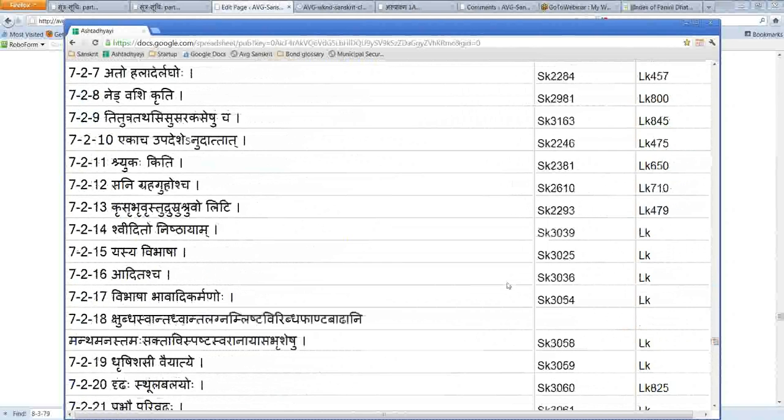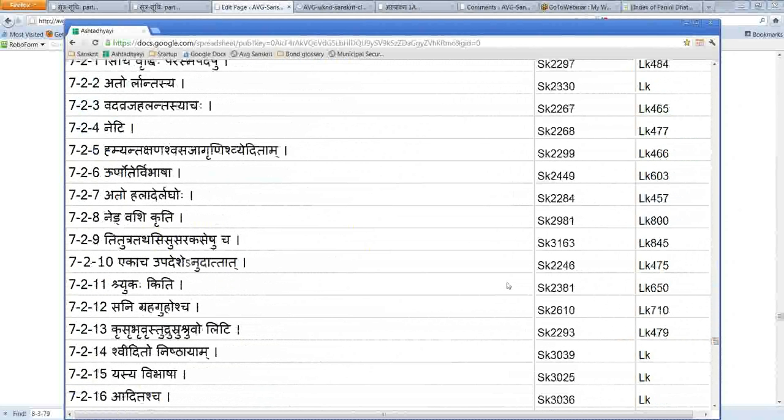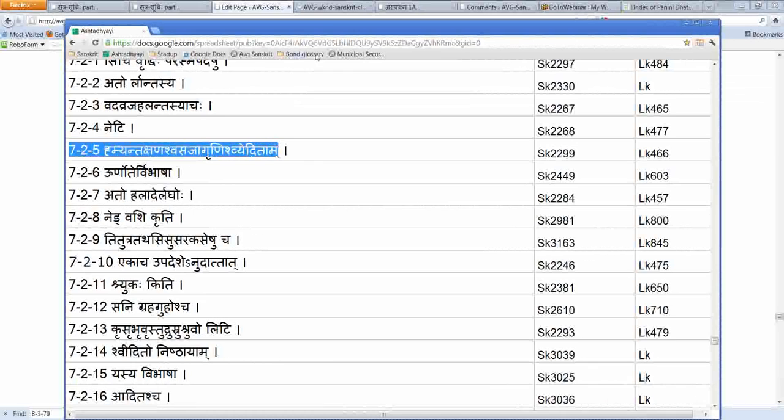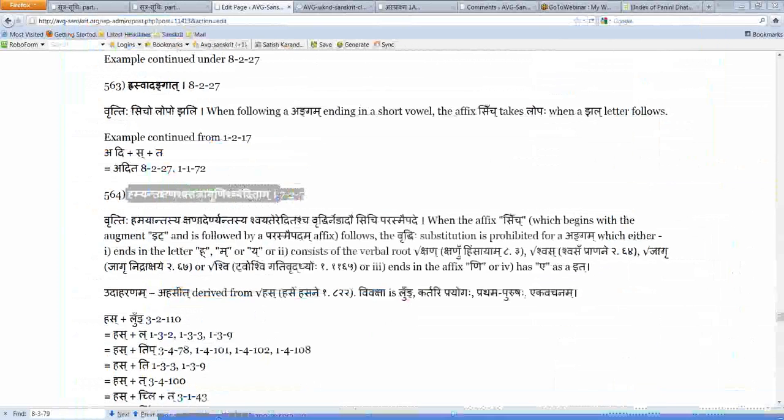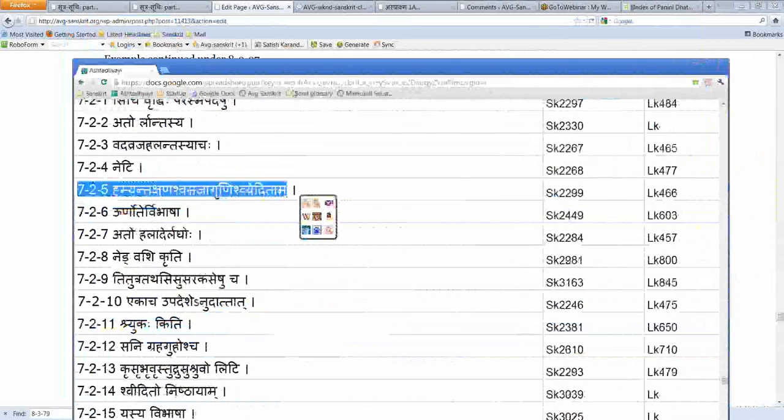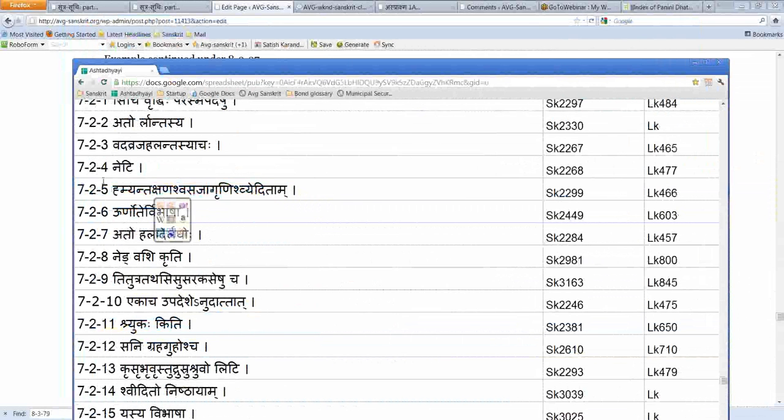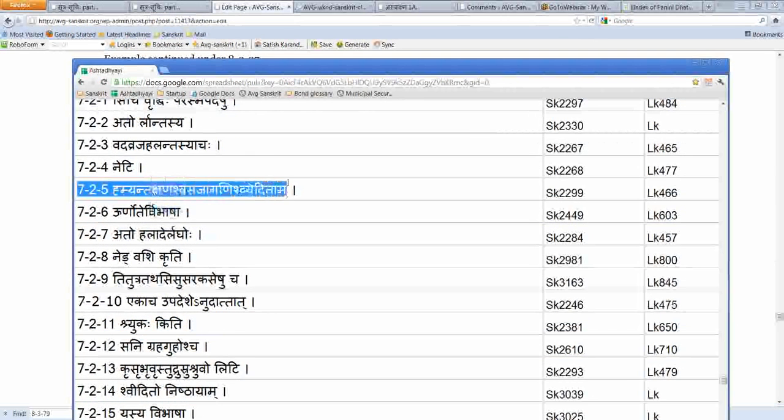In between there comes this sutram which says Myantakshana Shvasajagro Ni Shveditam. So this sutram is not in the Antoine book. We can go through it quickly. Looking at the number, you can see it's going to be a Nishedha, just like Neti, a Nishedha for this Vada Vajalantasyachaha.